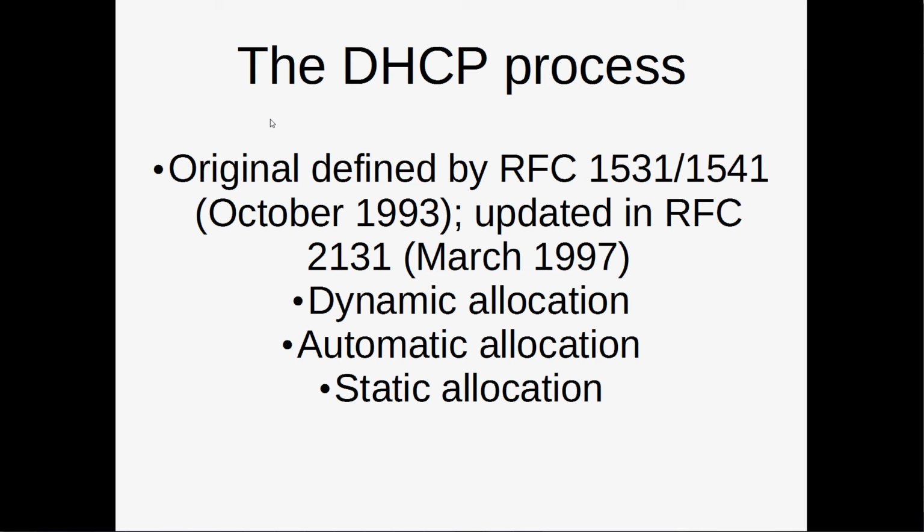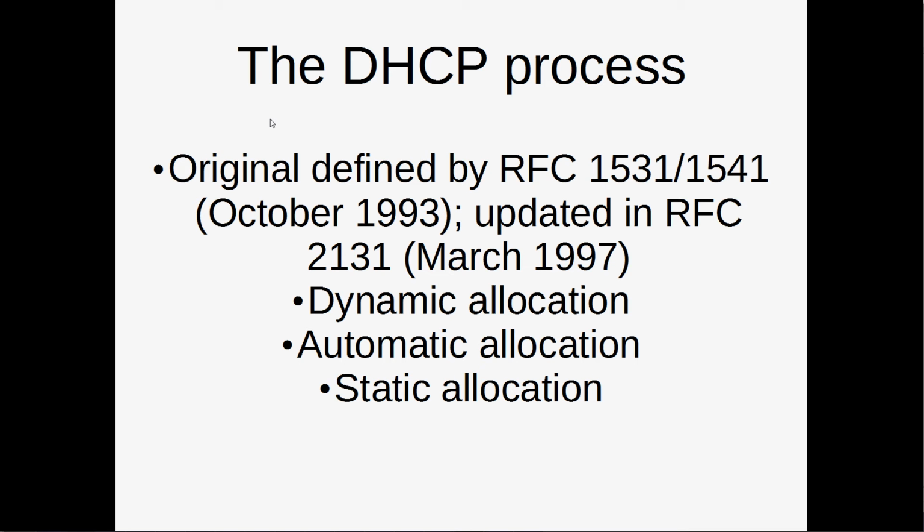And DHCP covers three kinds of allocations. There's dynamic allocation, whereby new IP addresses are handed out to nodes.